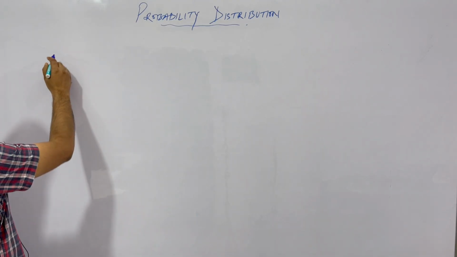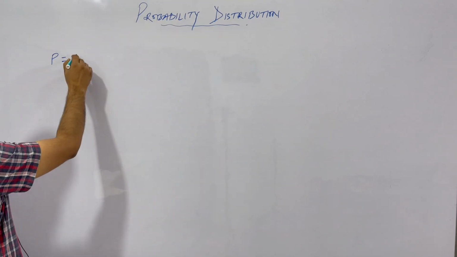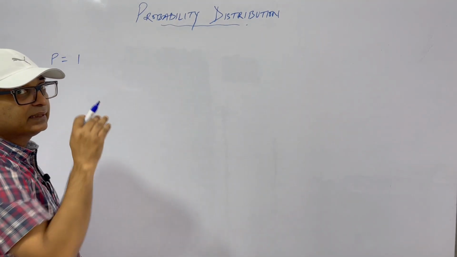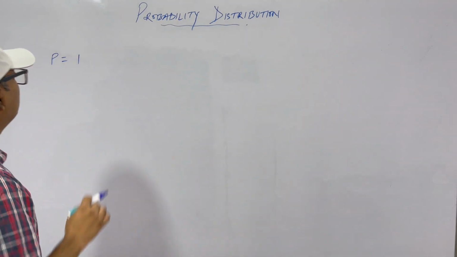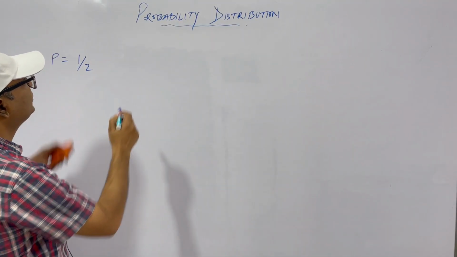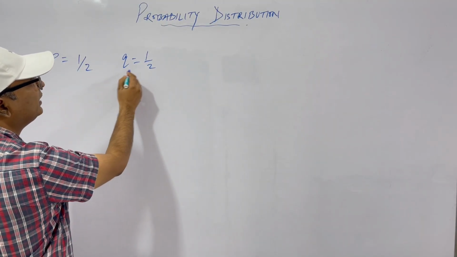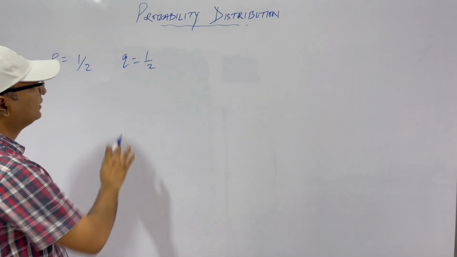See how we do this. We have a coin. Let's say our desired outcome is getting a head. So the probability p is 1/2 of getting head. Then q is 1/2. That is the probability of not getting a head. Clear?